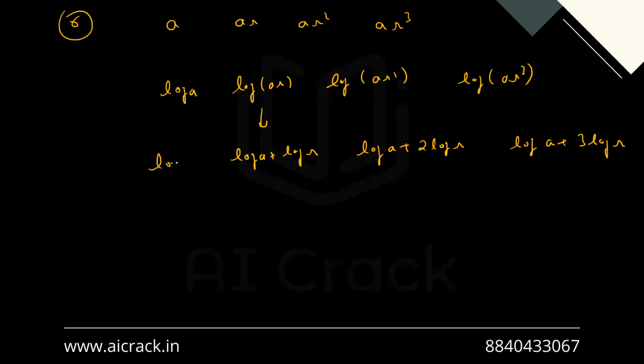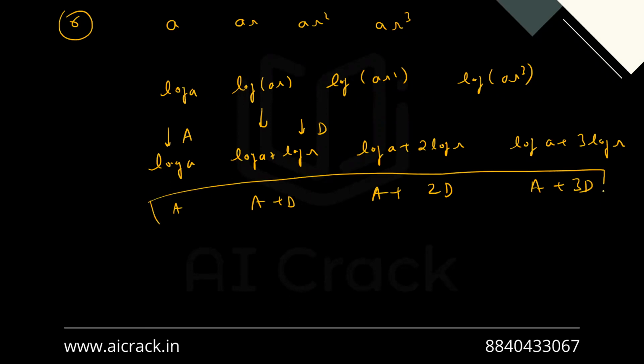So let's treat log a as capital A, and log r as capital D. So this is A plus D, A plus 2D, A plus 3D, and so on, right? So this becomes an AP. If I take the log of a GP, I get an AP, and the converse is also true.